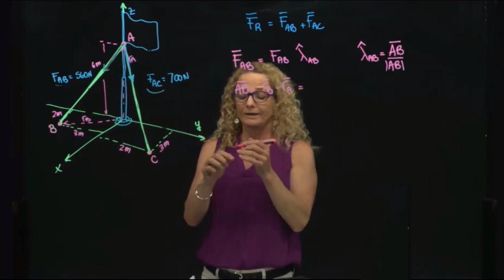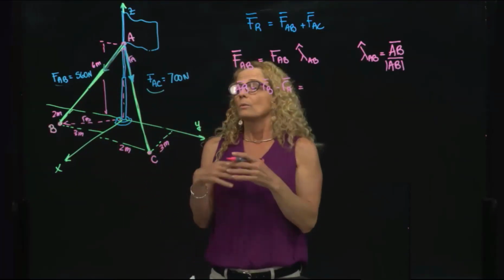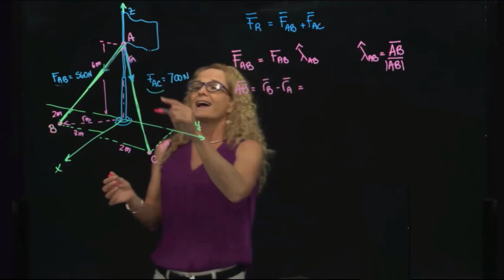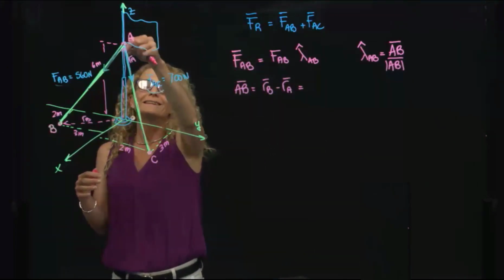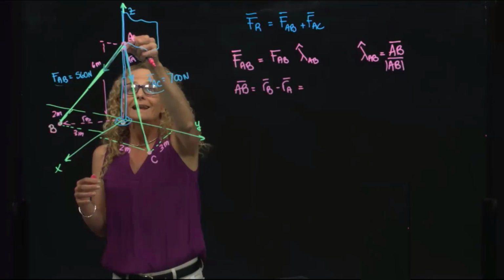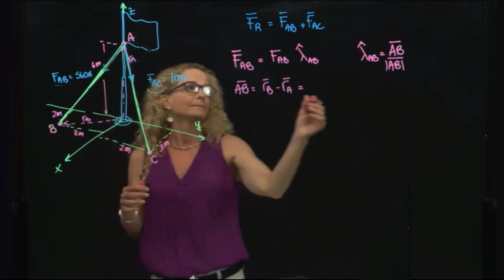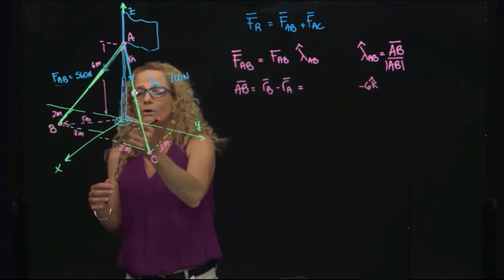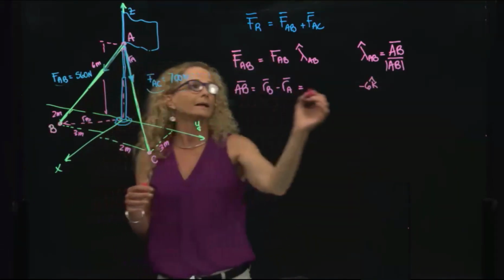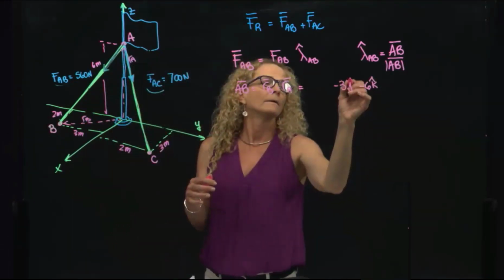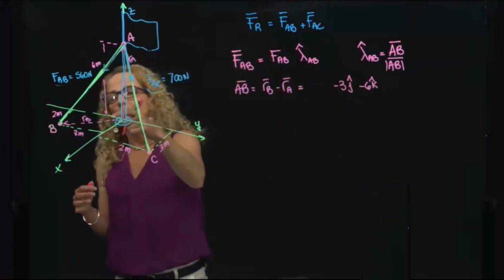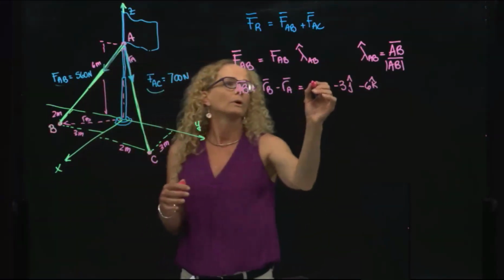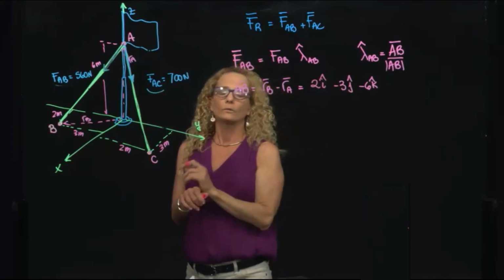Another way to do it is just do it graphically. When I mean graphically, what it means? So I just cover the distance. So I'm going to go -6 in K. I'm going to go -3 in J. And I'm going to go +2 in I. That's another way to do it.